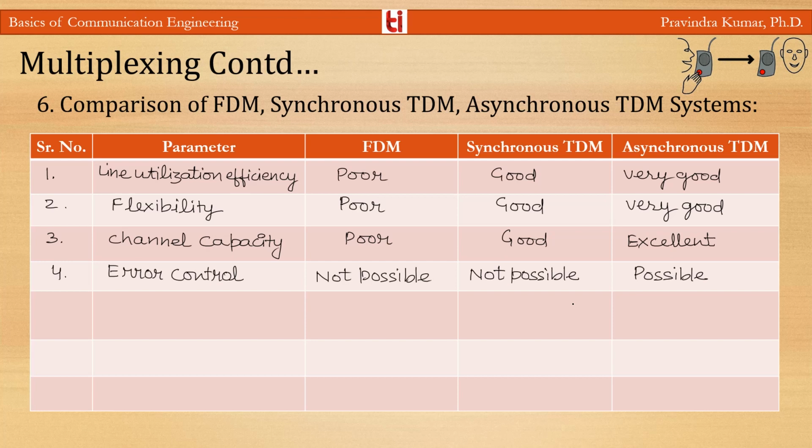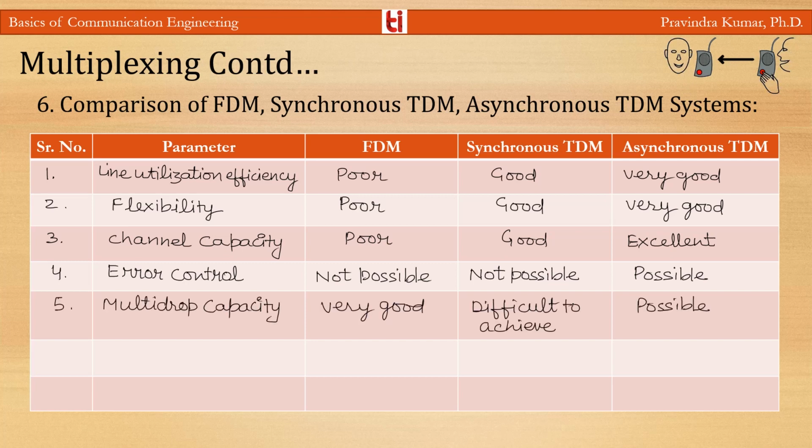And from the error control point of view, in FDM and synchronous TDM there is no possibility of error control, but in asynchronous TDM there is a possibility of error control. And for multi drop capacity, in FDM it is very good, but in synchronous TDM it is difficult to achieve, and in asynchronous TDM it is possible to have multi drop capacity.